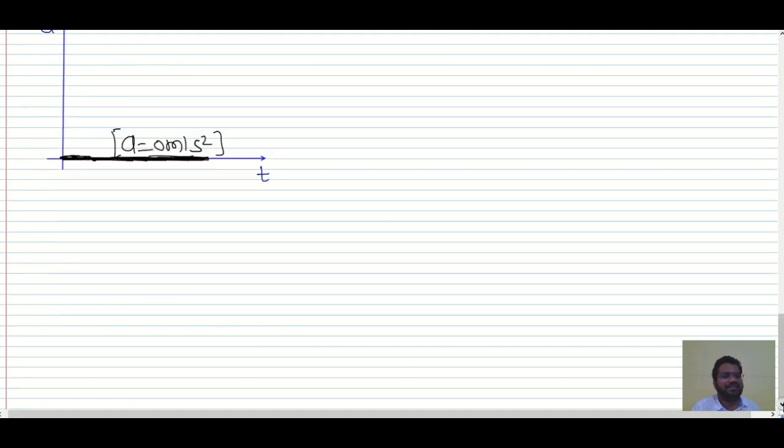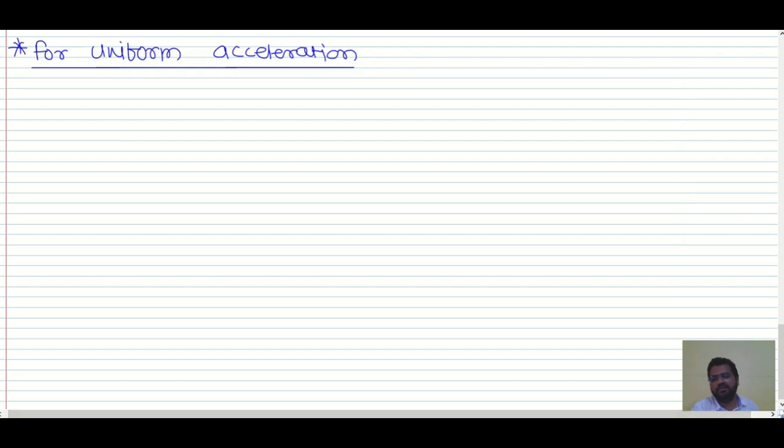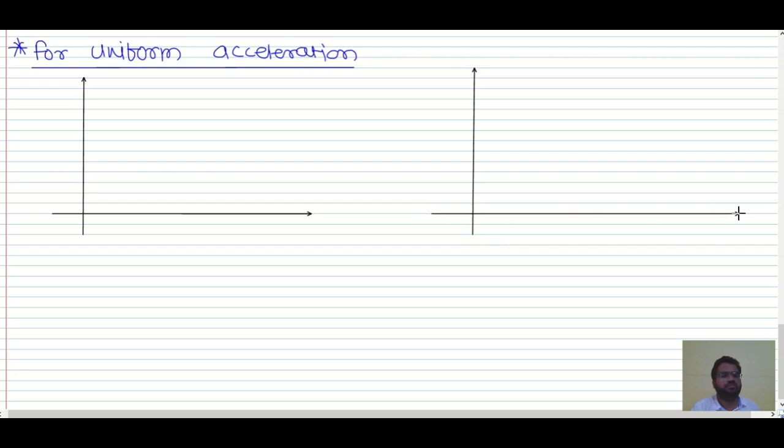Now for uniform acceleration, the third one, if you consider the displacement time graph, then the velocity time graph, and lastly the acceleration time graph.